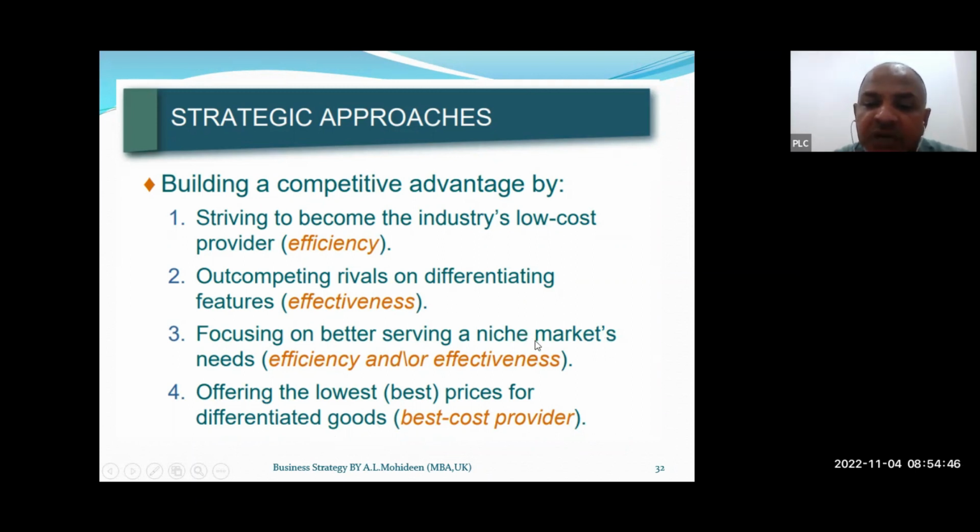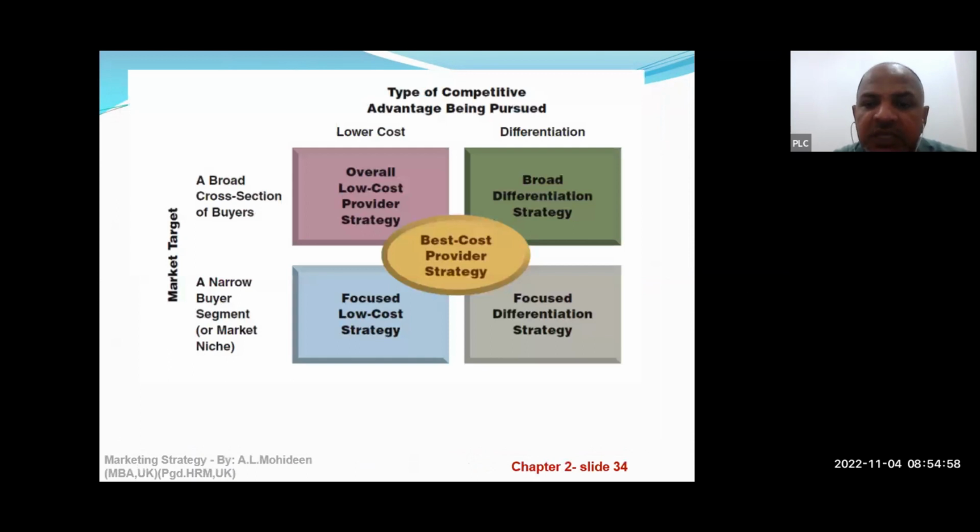This is what you call niche market strategy. And also we have the low cost, best cost provider strategy. So these are the four types of generic strategies: overall low cost strategy, focused low cost strategy, broader differentiation strategy, focused differentiation strategy.